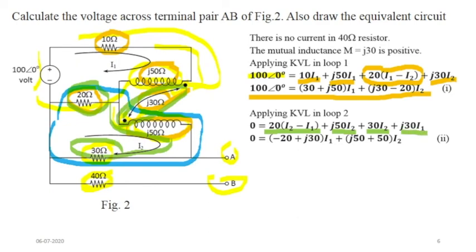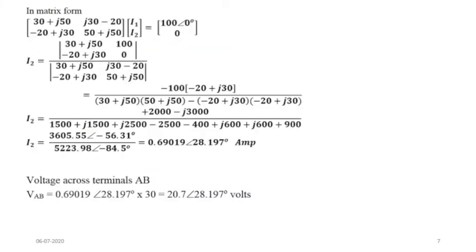Because the current is I1 and it belongs to mesh 1. And then finally again we collect the terms of I1 and I2 together. Now when we solve equations 1 and 2 using the matrix method, we find the value of I2, and this is how we calculate in the usual manner.